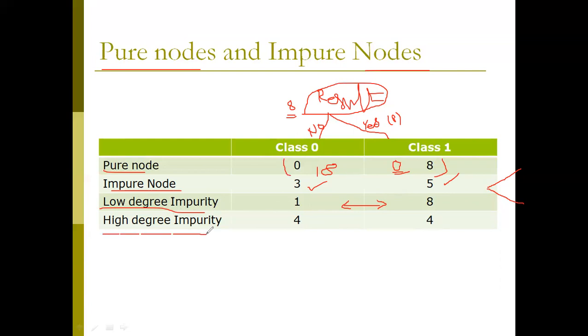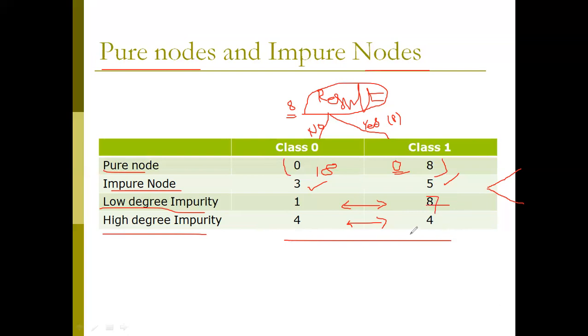Coming to the high degree impurity node, if the difference between the two classes is very low, either 0 or 1, these kinds of nodes are called, sorry, this is 7, it's not 8.